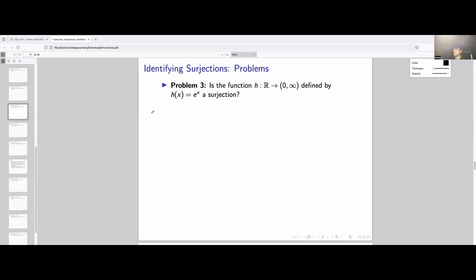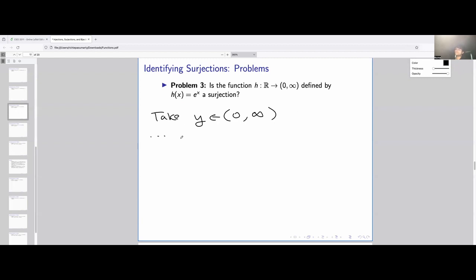So I'll just say take some y. It can be any y, right? Take some y in this interval. So the question is, is there something in here which maps to that y value?